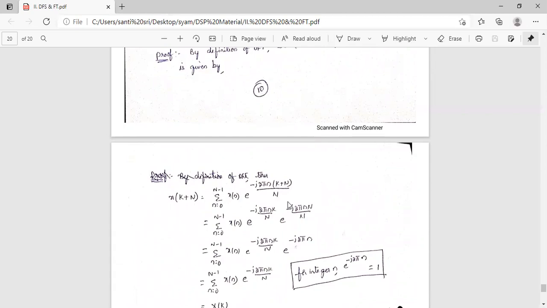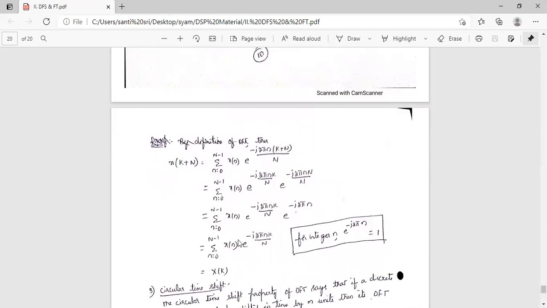We'll write these two terms like this: e power minus j 2 pi k n by n into e power minus j 2 pi n n by n. This e power minus j 2 pi n value will become 1, so it will become sigma n equal to 0 to n minus 1 x of n e power minus j 2 pi n k by n. For integer n, e power minus j 2 pi n equals 1.